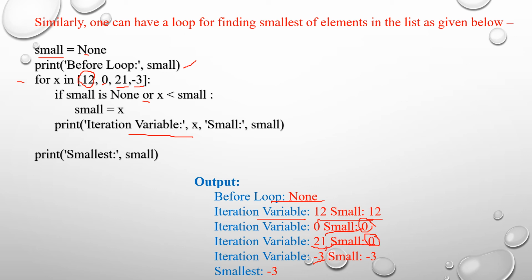After comparing, the interpreter prints the smallest value. Here minus 3 is a negative value and 0 is the positive value, so after comparing, the interpreter prints minus 3. After all iterations, the interpreter prints the smallest value, which is minus 3.